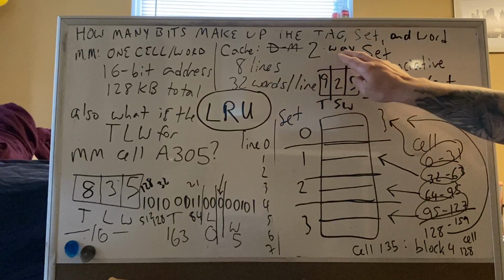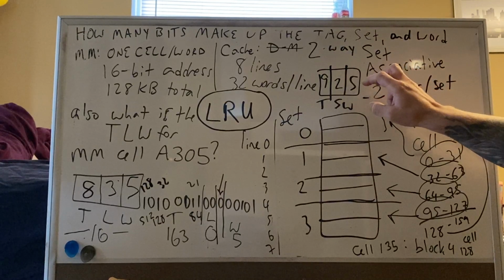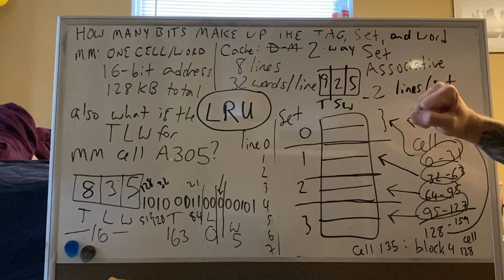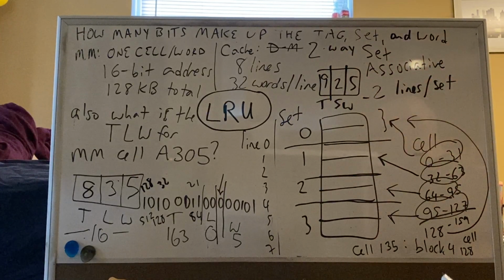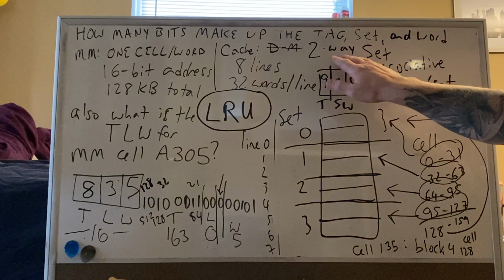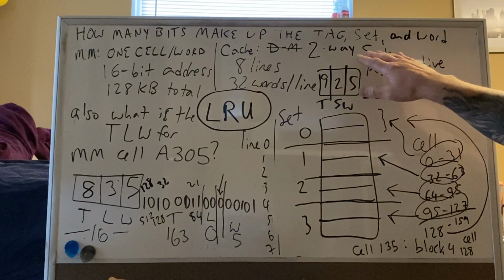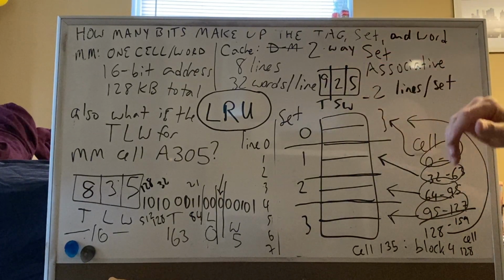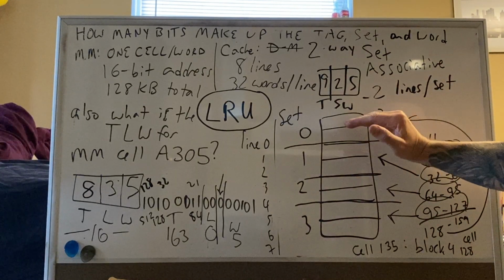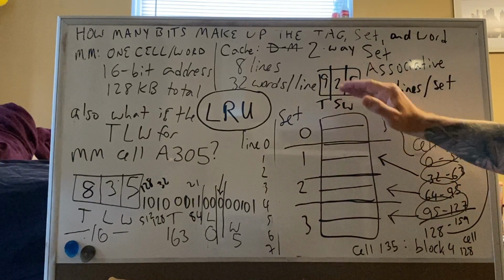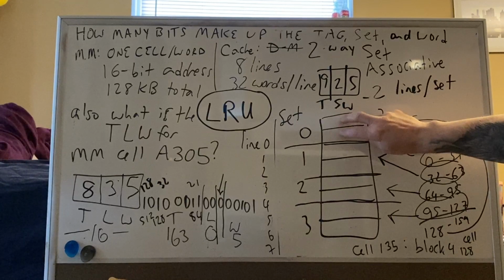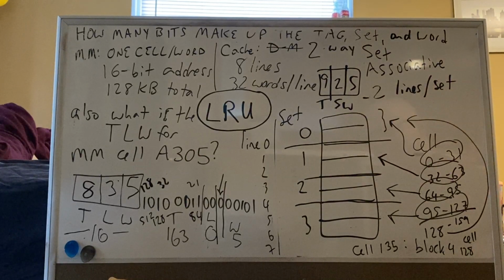So 2-way set associative isn't making great use of temporal locality, but it makes some use, and a direct map cache doesn't make any use of it. So this is more efficient than a direct map cache, probably less efficient than a 4-way or 8-way or 16-way set associative cache, where we can make 2 or 4 or 8 or 16 choices. Here we have 2 choices for two-way. Let's do some different examples in the next video.